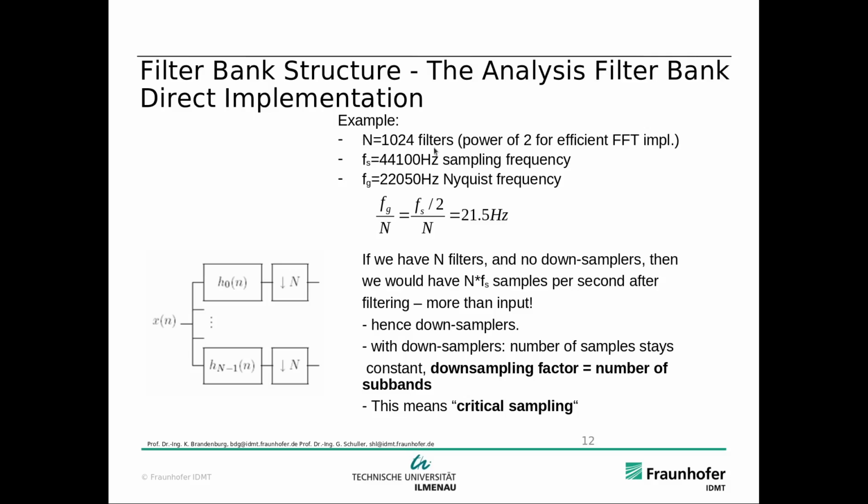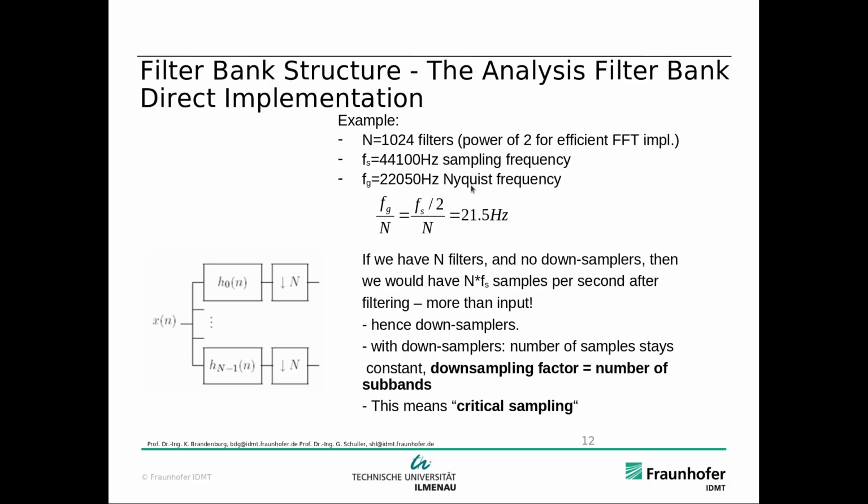So here we have 1024 filters, again a power of 2 for efficient FFT implementations. Same sampling rate as before, 44,100 Hz sampling frequency. This means we have a Nyquist frequency of 22,050 Hz. And remember, the Nyquist frequency is the upper limit of our usable frequency range, but it is not really part of it.